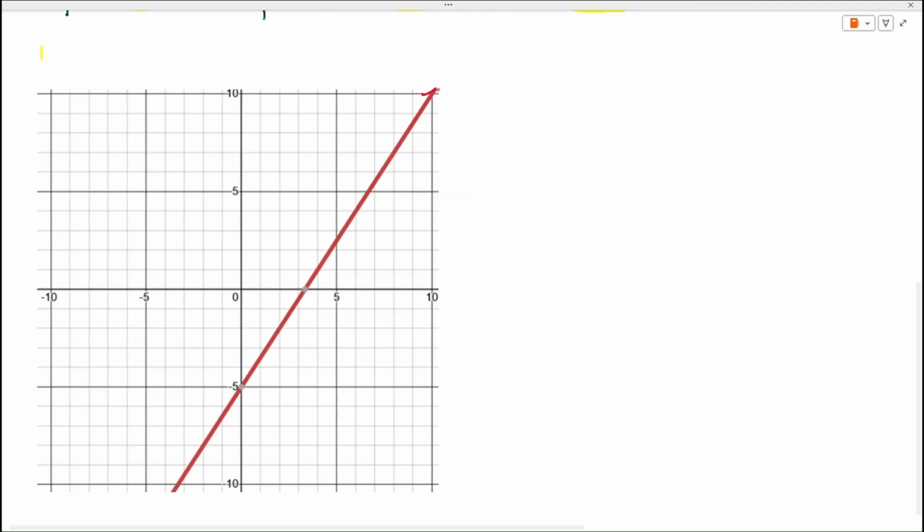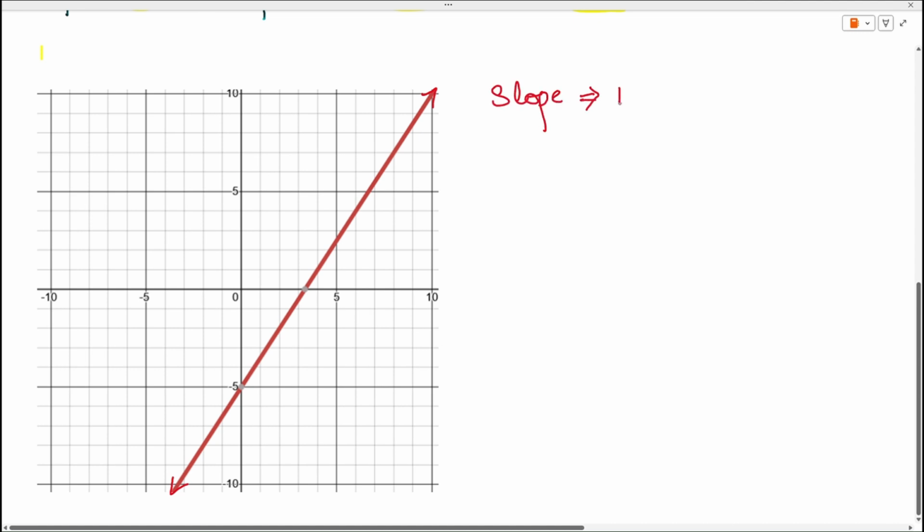Let us look into the first question where we have to find the slope of this red line. So now the very first thing is we can see that the line is going up from left to right. So the slope of this line will be a positive value.